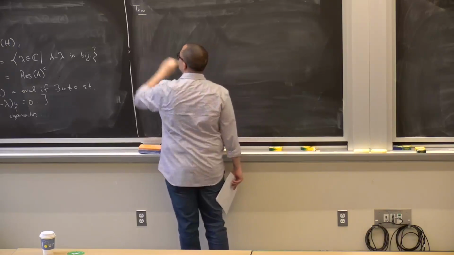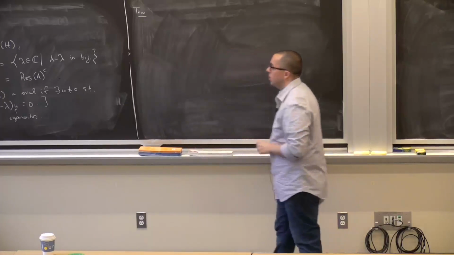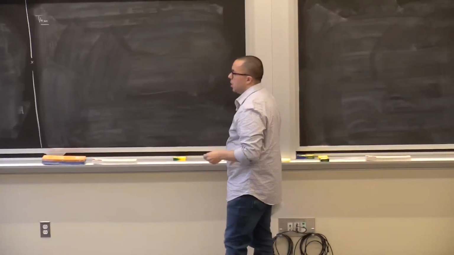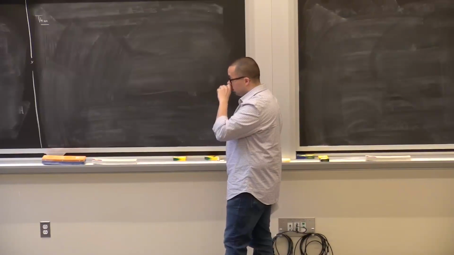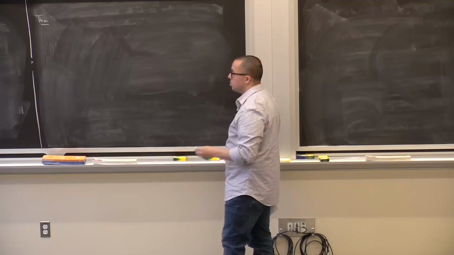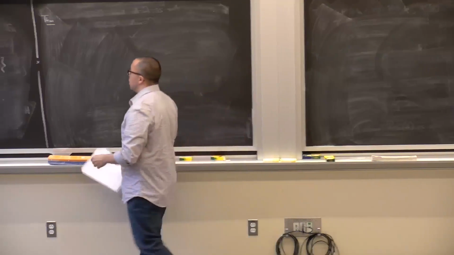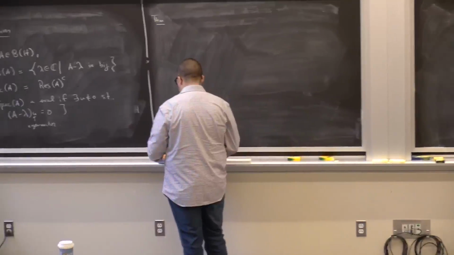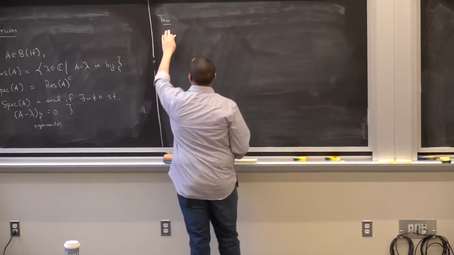But we can say quite a lot about the spectrum of self-adjoint operators, and then we can give a pretty complete picture about the spectrum for self-adjoint compact operators. But let's first look at self-adjoint operators.